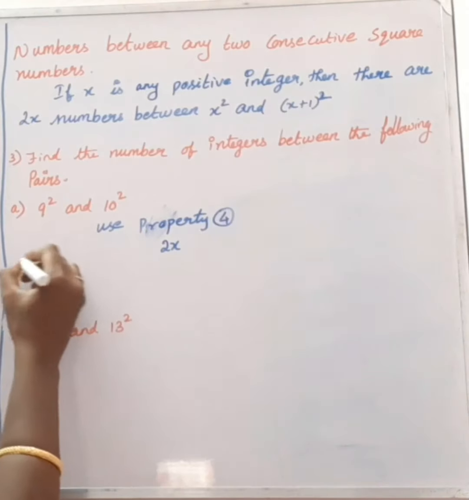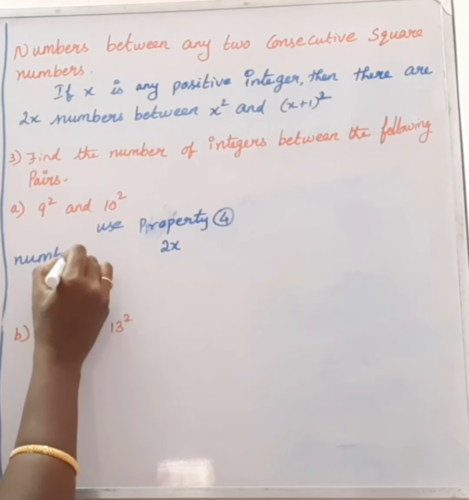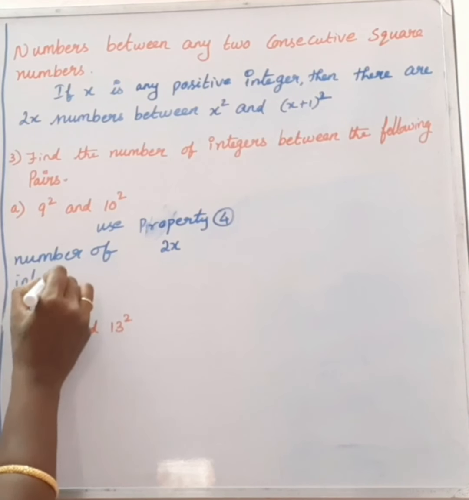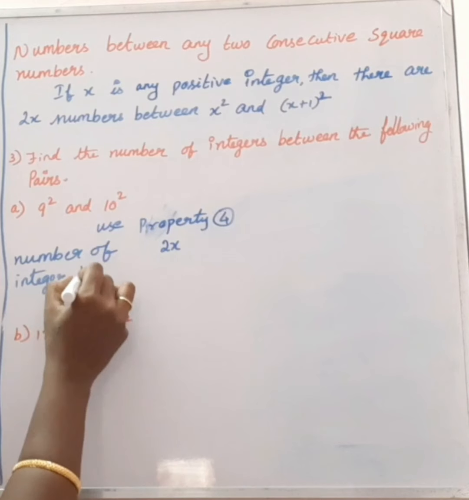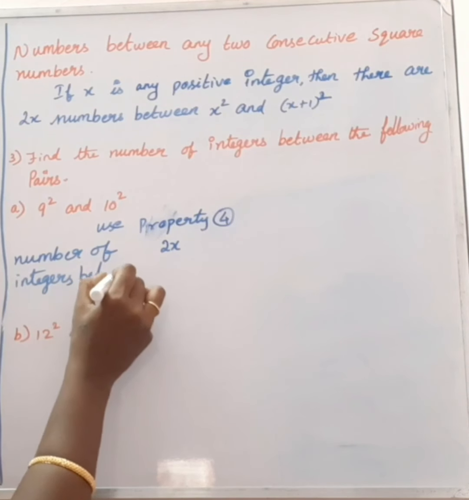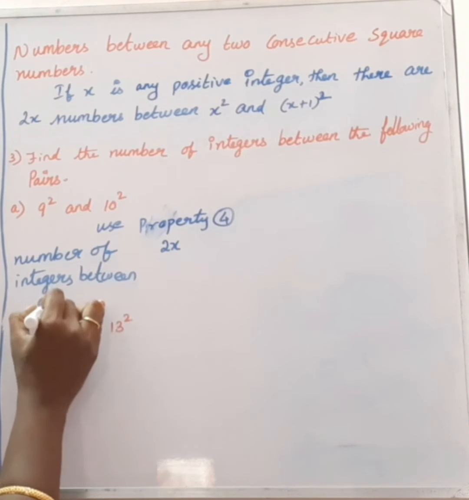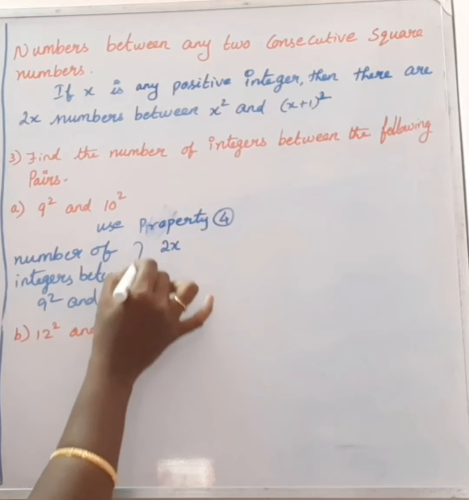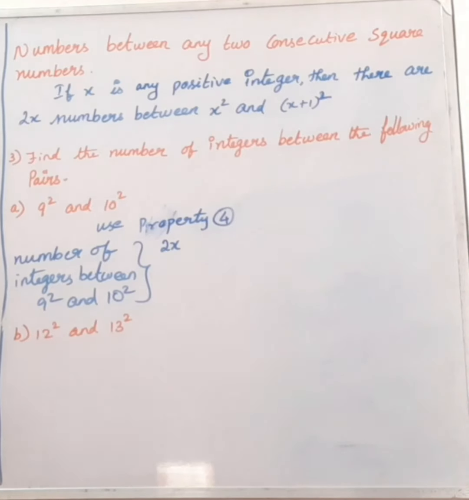2x. That is, the number of integers between 9 square and 10 square is equal to 2x.